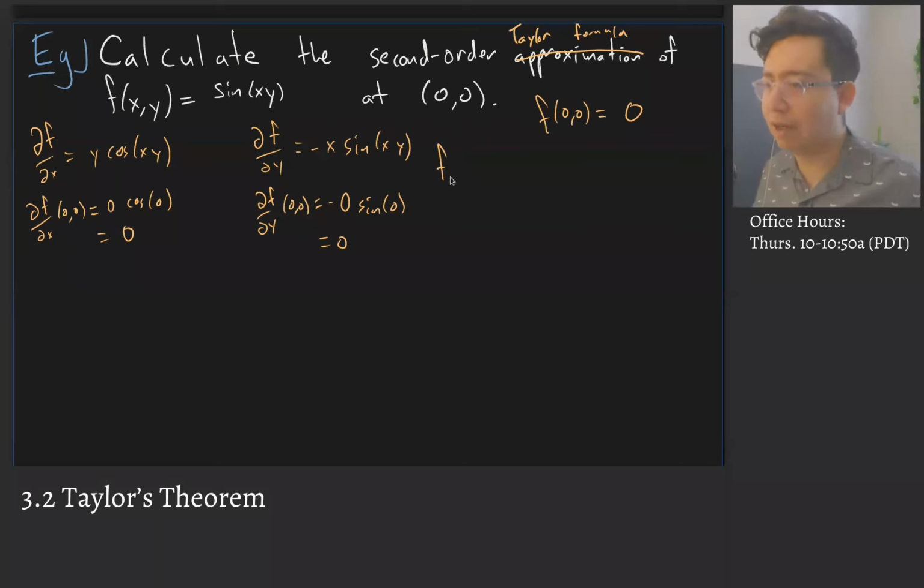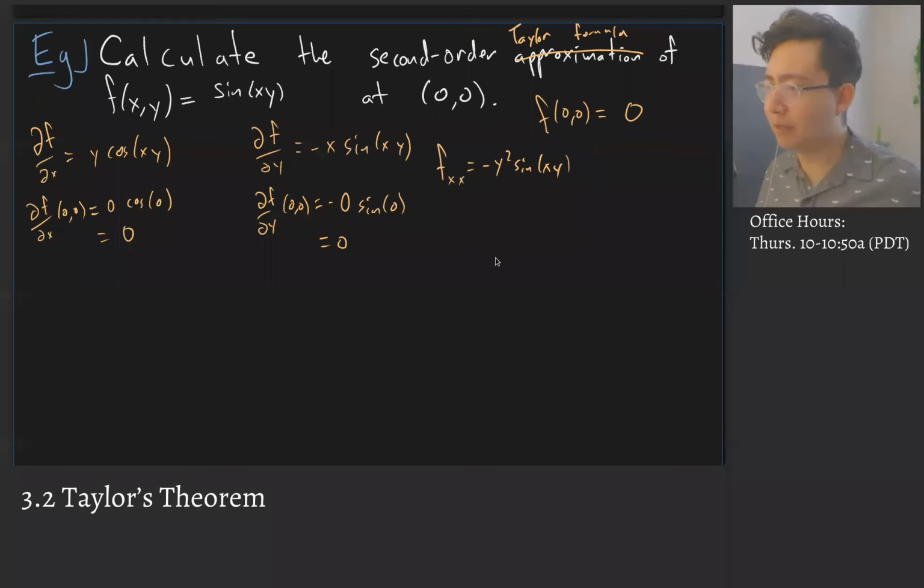If I want fxx, this is going to be the derivative of this with respect to x. So basically I get negative y squared sine of xy. So I took the derivative of this with respect to x. And then I take fxy, now the derivative of this with respect to y.